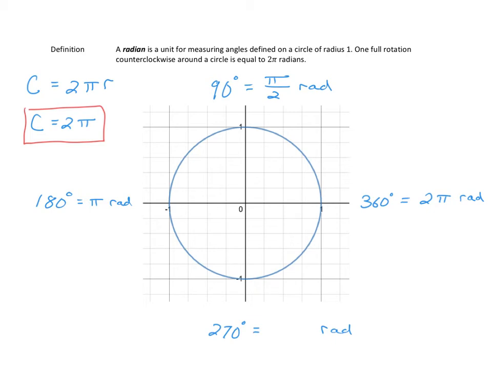Let's actually do that off to the side. So we have pi radians, and we're going to add pi over 2 radians. Well, we can get a common denominator. Let's see, that's 2 pi over 2 radians plus pi over 2 radians. And 2 pi over 2 plus pi over 2 is 3 pi over 2.